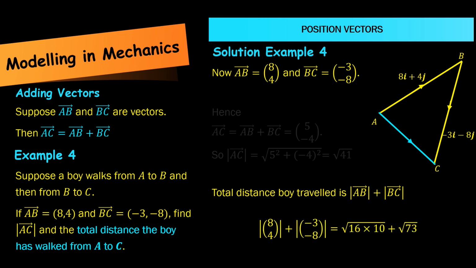And then this can be tidied up to give 4 root 5 plus root 73.